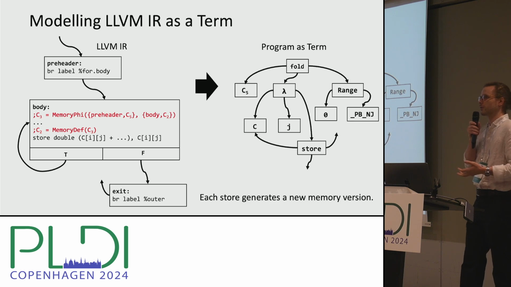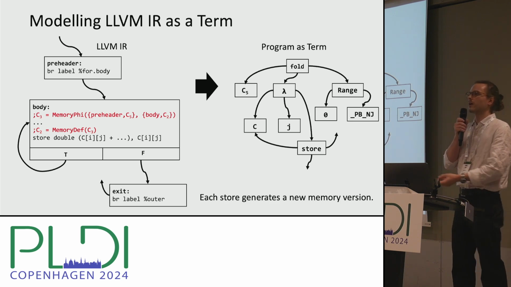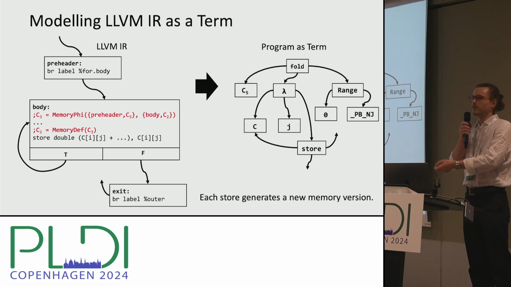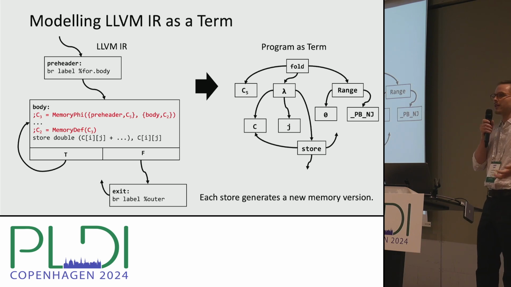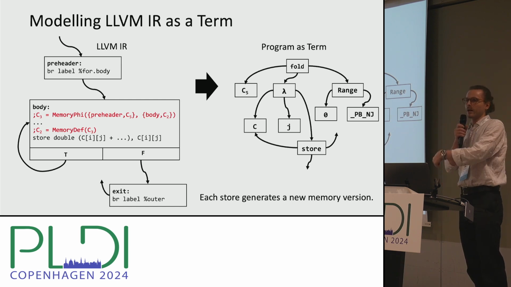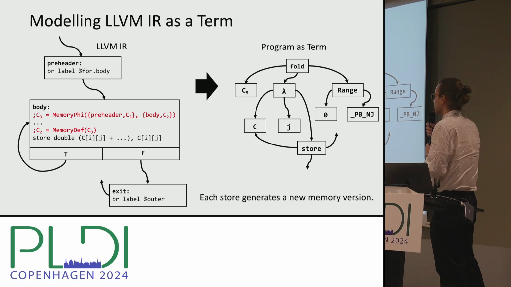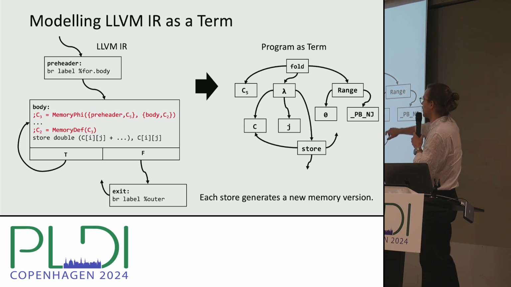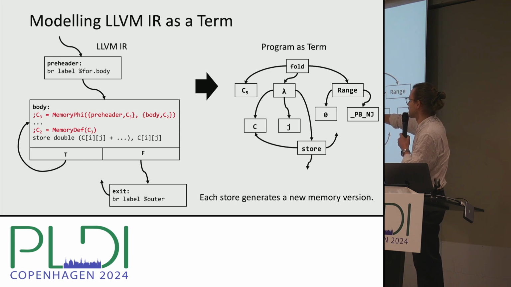The notion here is that when you do a store to memory, you get back a totally new version of memory that's an exact copy of the original, except at that one location, it's been updated with the value that you stored there. That's shown by the red text, the memory phi and the memory def instructions.